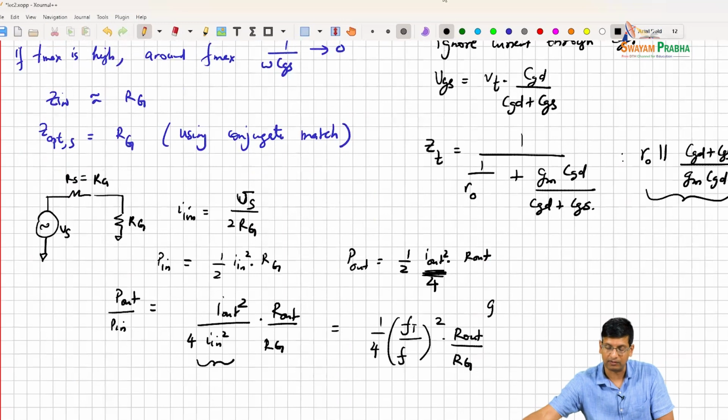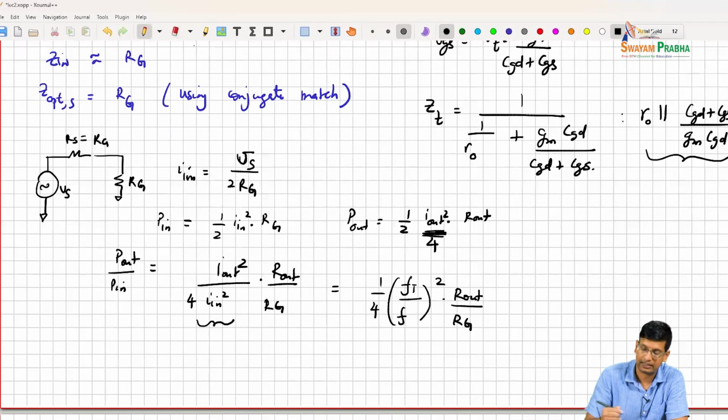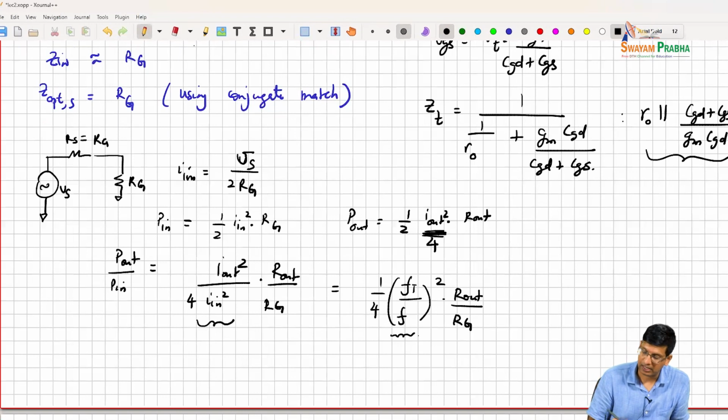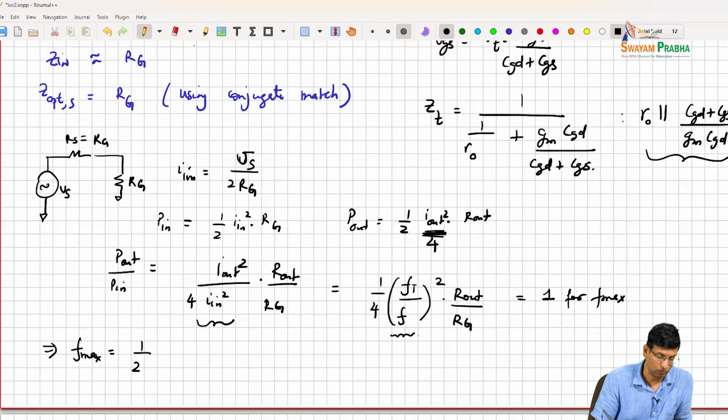So the first observation to make is that the gain that you get drops with frequency as the square of the frequency, right? And then if you want to equate this to 1 for Fmax, what you basically get is that Fmax is 1 over 2 Ft times the square root of R out divided by Rg, right?